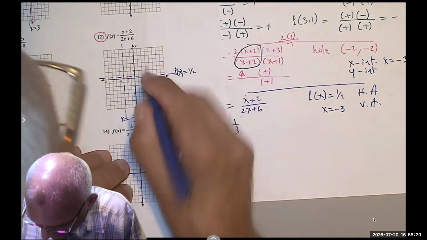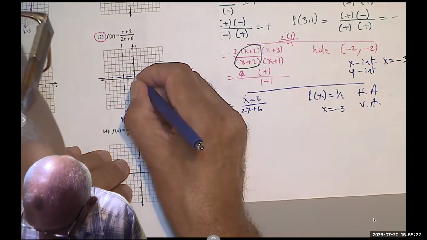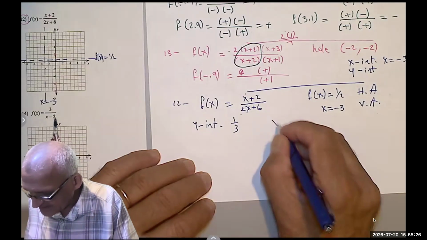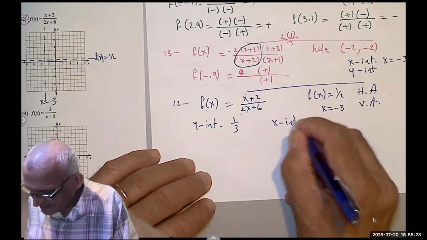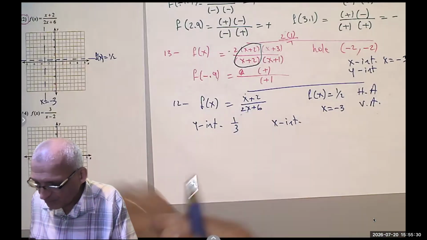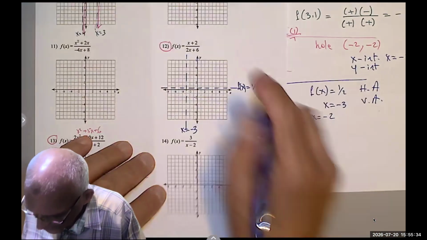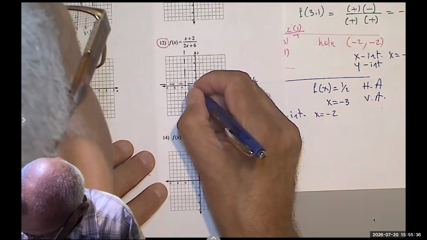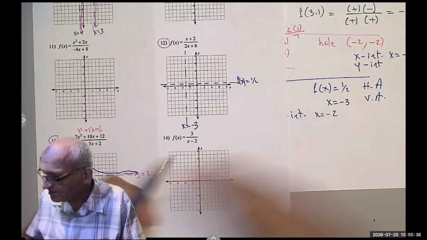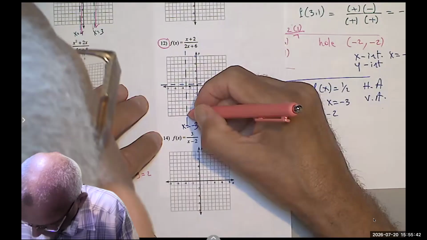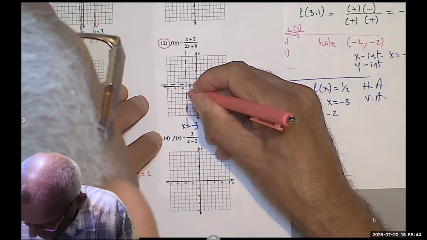If this is 1/2, 1/3 is below that, right? 1/3 is less than 1/2. The x-intercept is when the numerator equals 0, meaning x equals -2. So I pass through this point and I pass through that point. That tells me all I want to know, that this branch would look something like that.